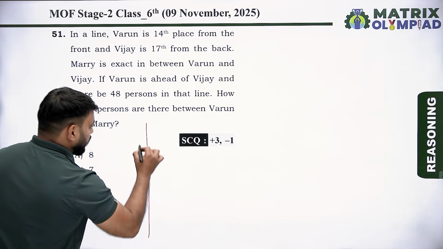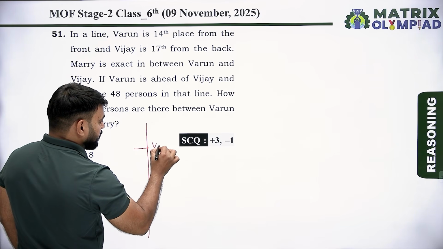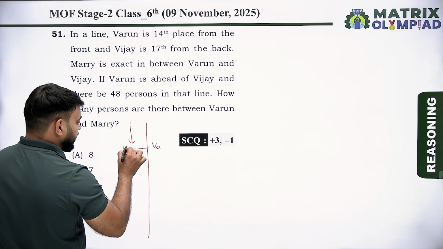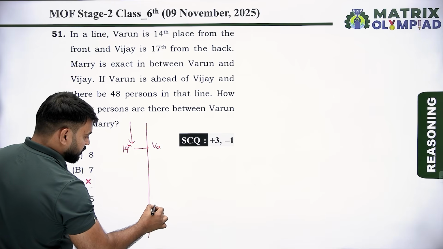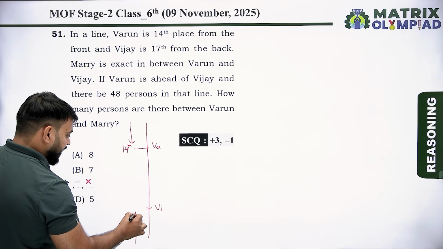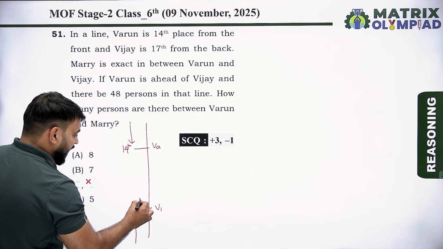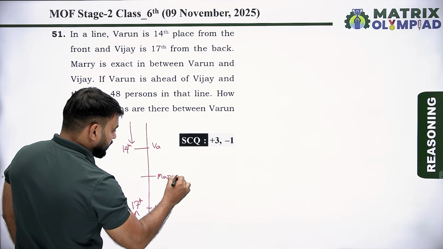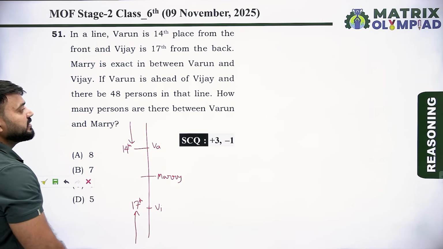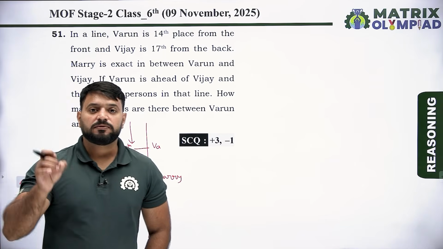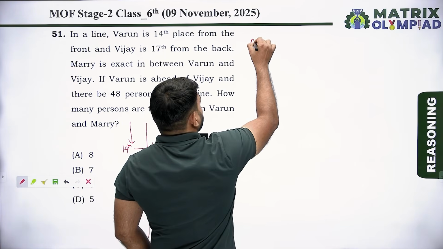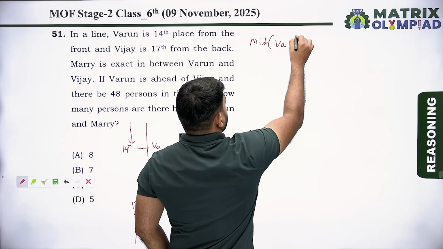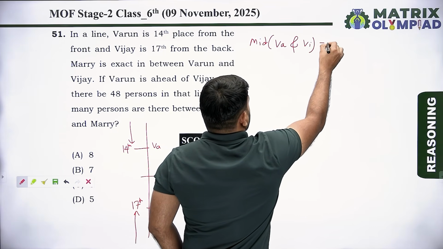In a line, the position of Varun from the front is 14th and the position of Vijay from the back is 17th, and Mary is exactly in between Varun and Vijay. So in this question, first find the number of persons in between Varun and Vijay.